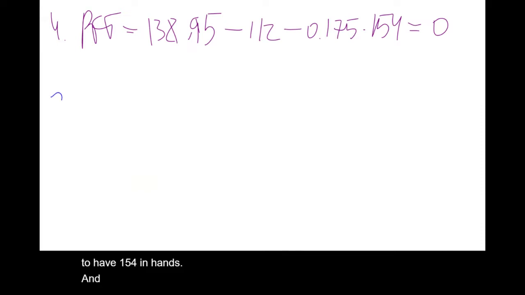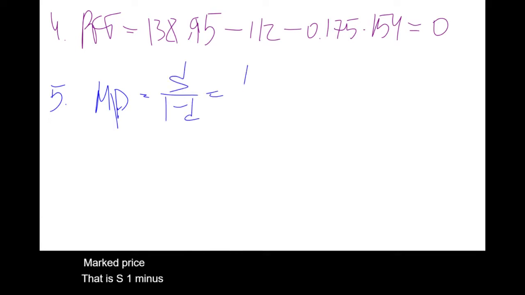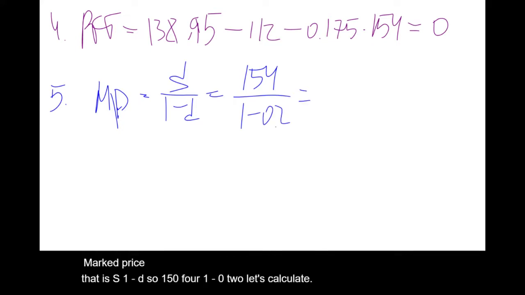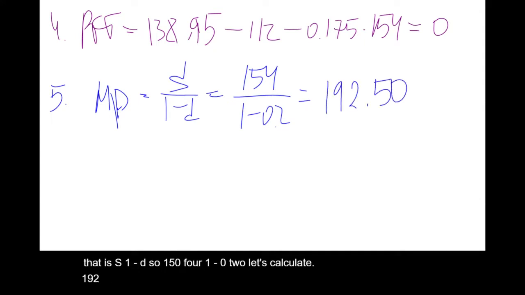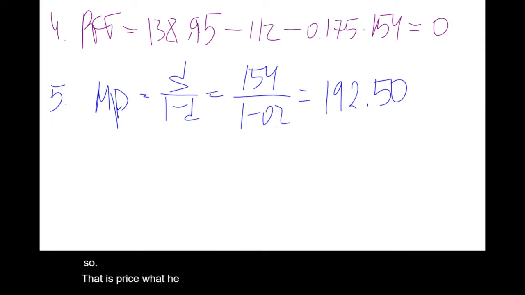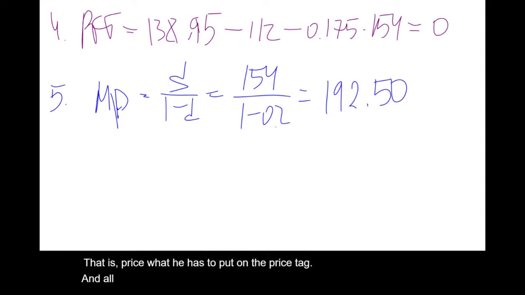And marked price, that is S over 1 minus D. So 154 over 1 minus 0.2. Let's calculate. 192.5. So that is the price he has to put on the price tag.